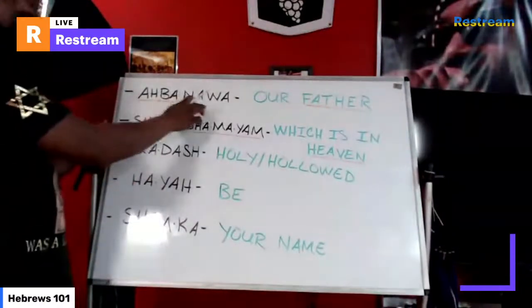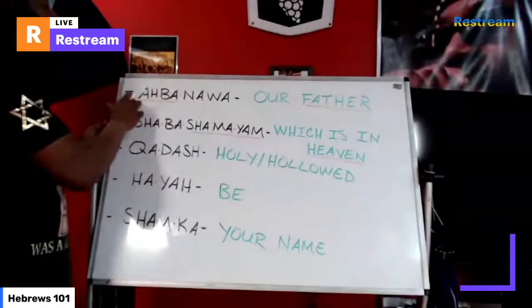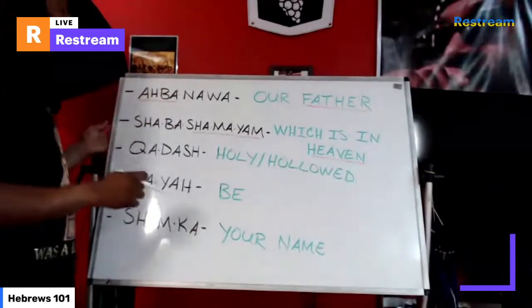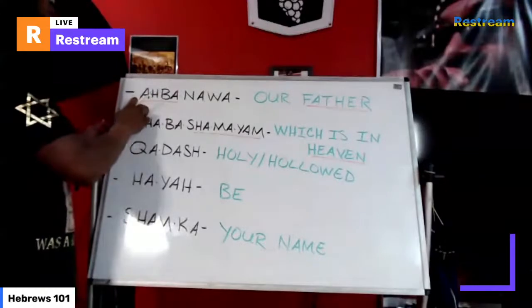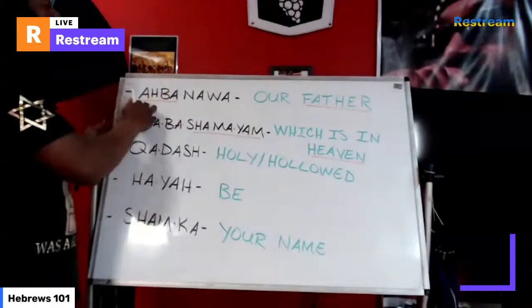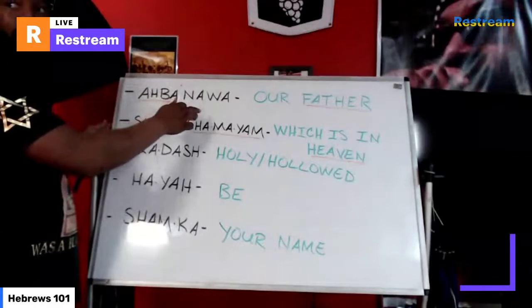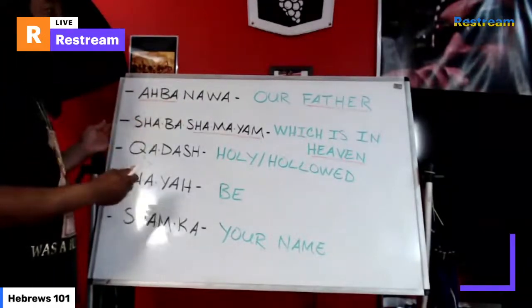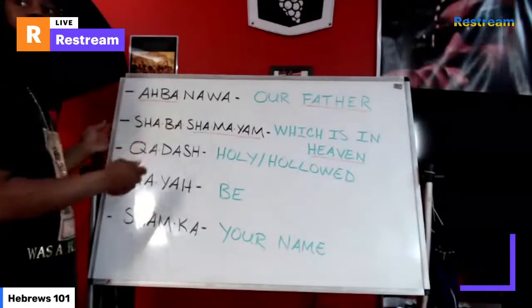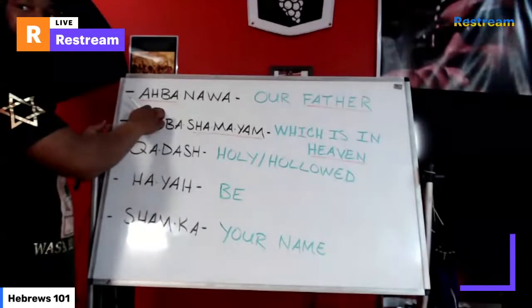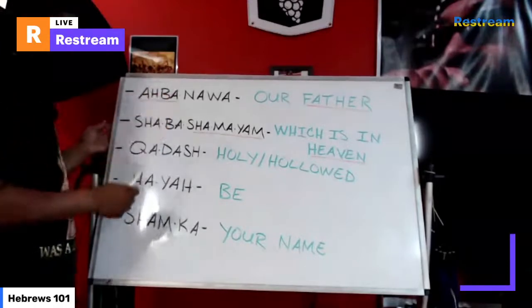When you see this, you're going to say, oh yes, I remember Abba is the root word. So you're going to say Abanawa as opposed to Abanoa, because Abba is the word. Very good.